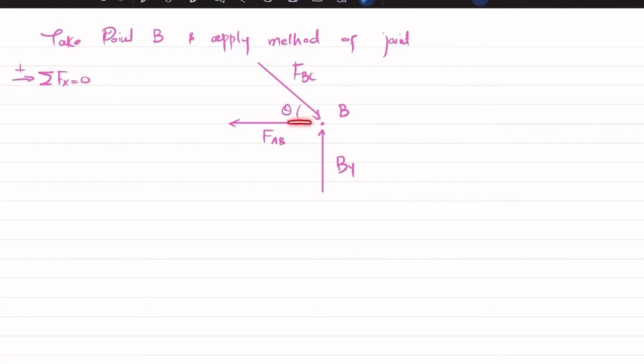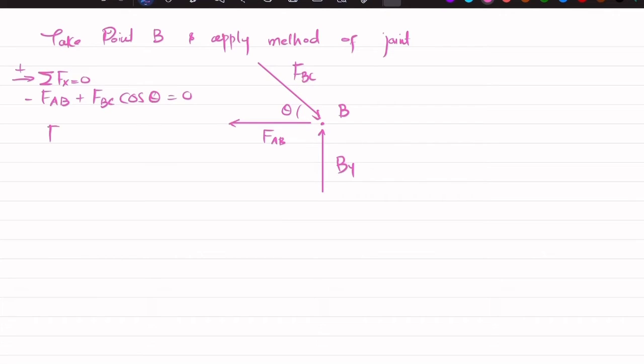So horizontally we have FAB in this direction which is negative, and the other one is the horizontal component of FBC, which is FBC cos theta. Their sum must be equal to 0. So I will write minus FAB plus FBC cos theta equals 0.